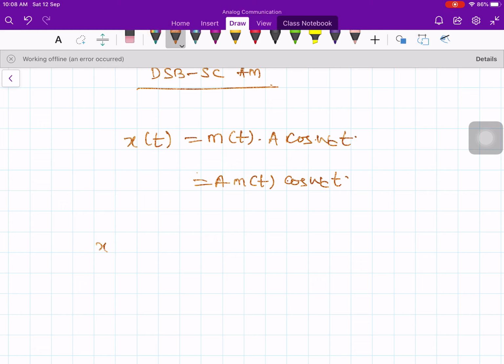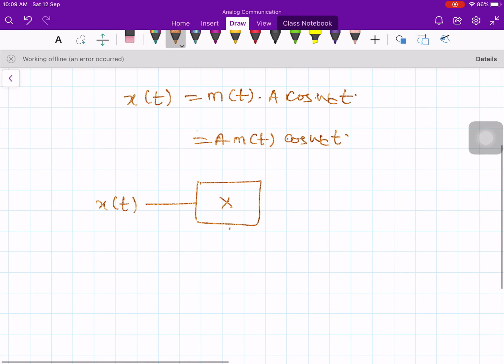So you have the received signal x of t, give it to a block consisting of a multiplier, and the input is the modulated signal, and the other input is 2 times cos omega c t.